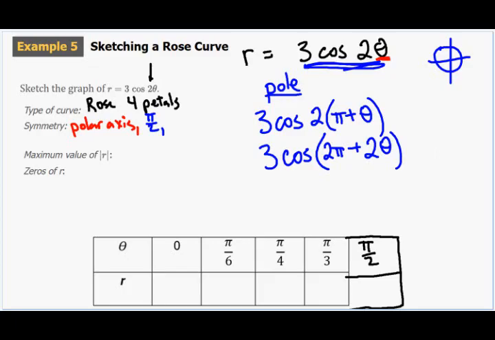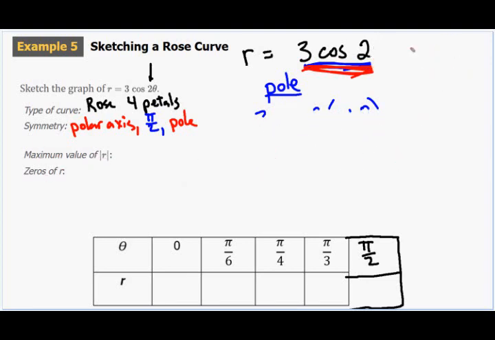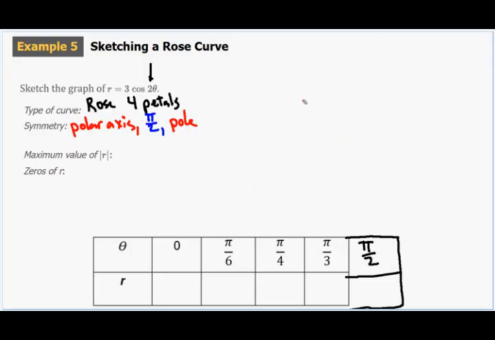And we could write it in reverse order, but once again, 2 pi is just another trip around. We can ignore it. So we're back to 3 cos of 2 theta, right where we started. So we also have pole symmetry. We have all the symmetries available. All right, and to save a little time, let's not find the max value and the zeros. That will show up as we do the graph.